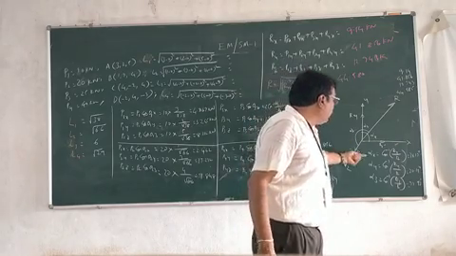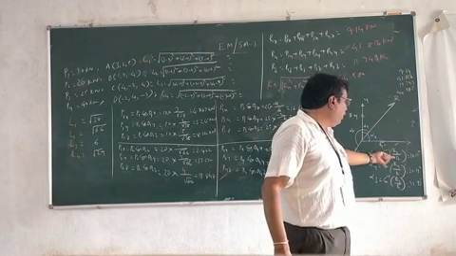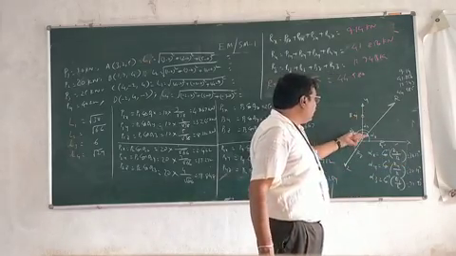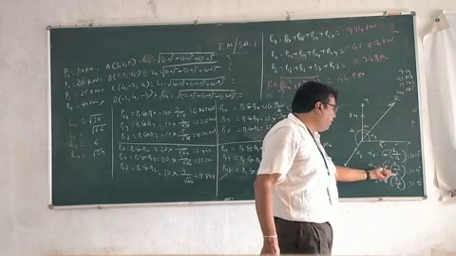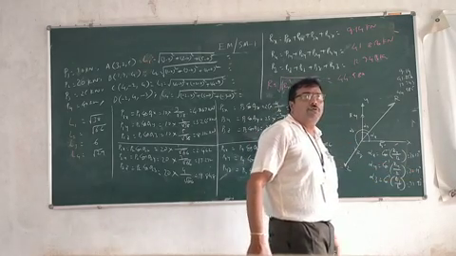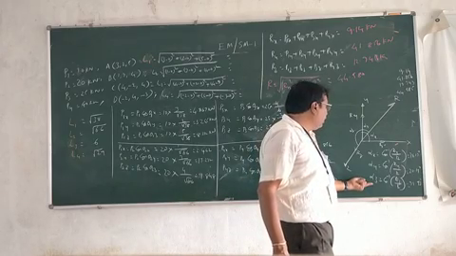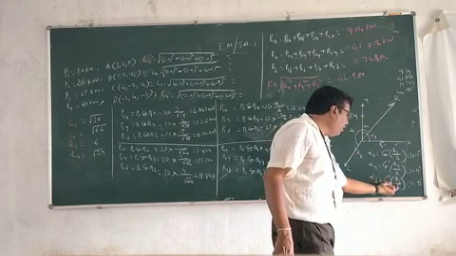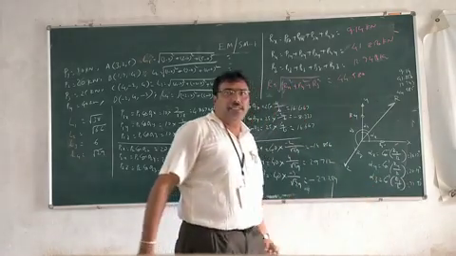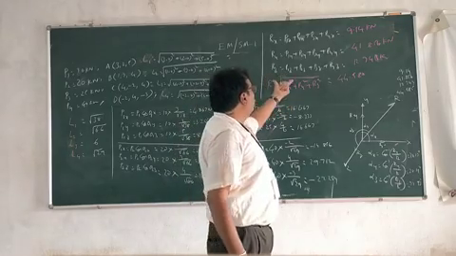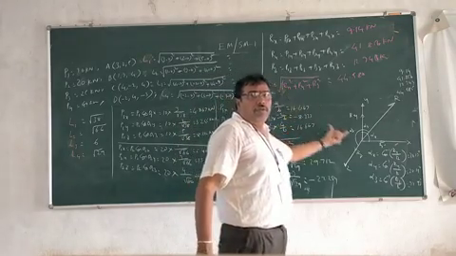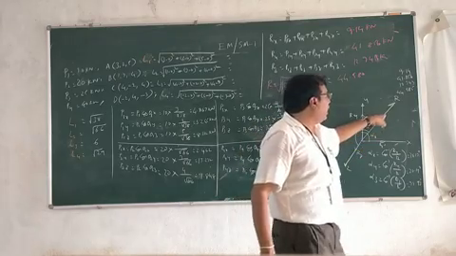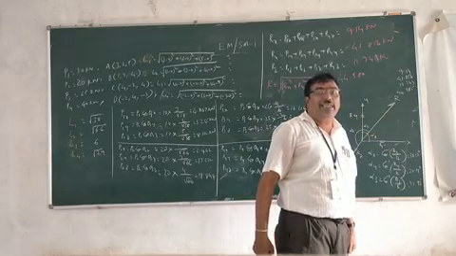The direction of the resultant with respect to the x-axis is cos inverse Rx by R, that is equal to 78.17 degrees, in the rightward direction.